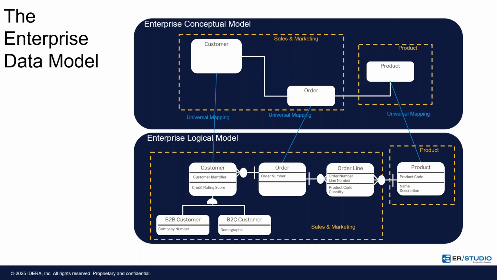And what's also important, of course, is if we are starting to try and build this kind of model for this kind of approach, to have some way of being able to map across them so that we can easily see when we're talking about a customer at a conceptual level, well, how does that relate back to my enterprise logical model?